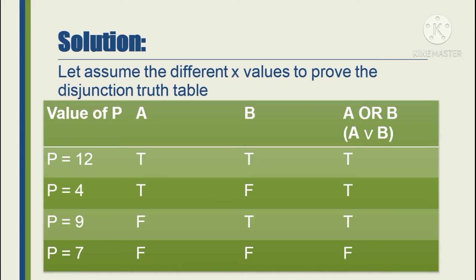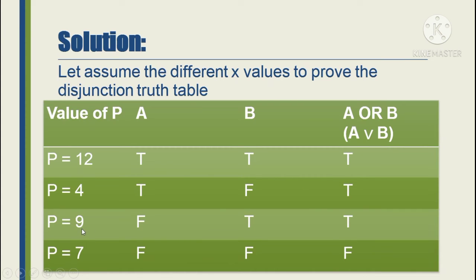Kapag dinivide natin siya kay 2, di ba siya ay whole number, kaya siya ay divisible by 2. So, magkakaroon tayo 6. So, the answer for A is true. And for letter B, siya ay divisible naman kay 3, kaya siya ay true din. Kaya magiging sagot niya is true. Si 4 naman, siya divisible din kay 2, but not divisible by 3. So, siya ay false. So, naging true ang output niya.